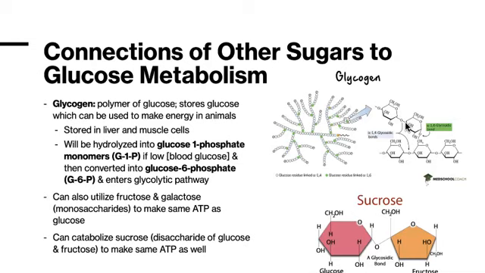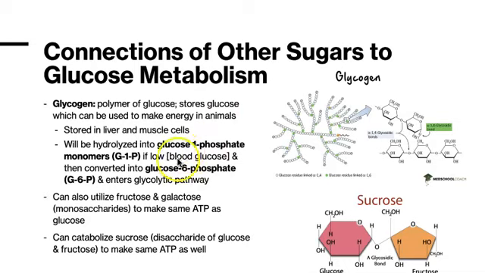We can store this within our liver and our muscle cells, and so what we can do is hydrolyze it into glucose 1-phosphate monomers if we have low blood sugar, and then from there we can convert it into glucose 6-phosphate. And that should sound familiar to you because that is going to be one of those first steps within our glycolytic pathway, within glycolysis.